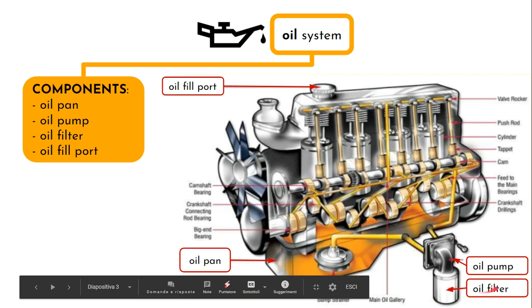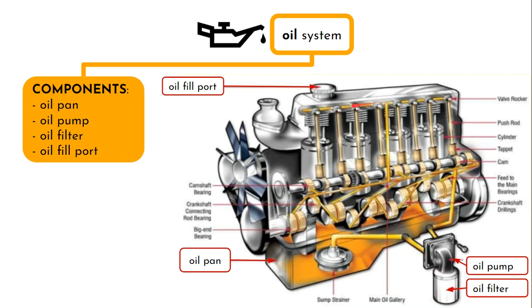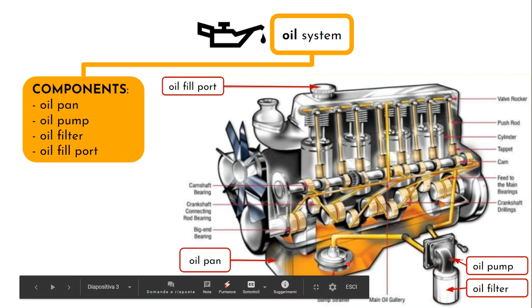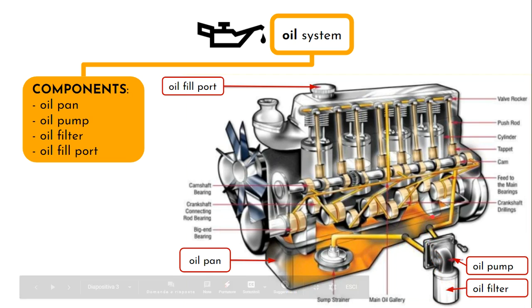And of course, you also need an oil filter because through its journey around the engine, the oil, of course, gets dirty. So it needs to be filtered from all the dirt, the dirty particles, before starting the cycle again. Now, what does oil lubricate? Che cosa lubrifica l'olio?